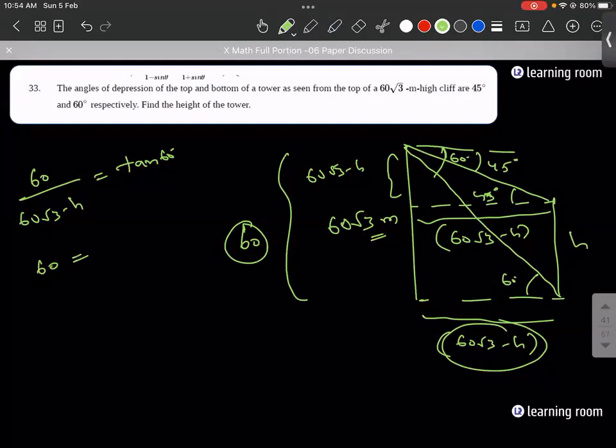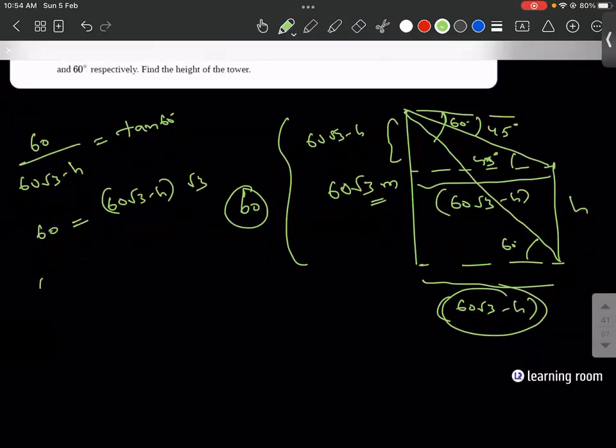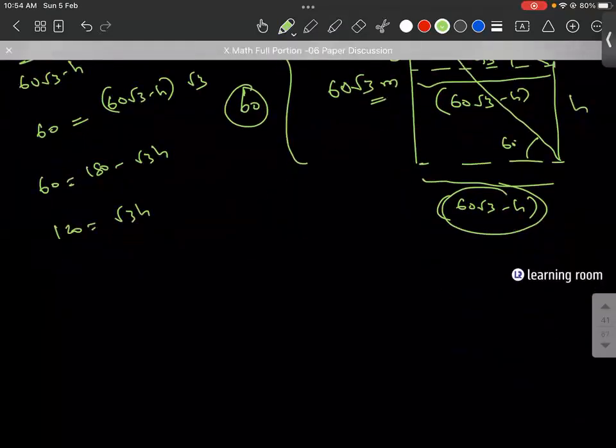So 60 is equal to 60√3 minus h into √3. So 60 is equal to 180 minus √3h. 120 is equal to √3h. So h will be equal to 120 by √3, or it is 40√3 meter. That's the answer. We can leave it like this, or you can multiply 40 into 1.73 also.